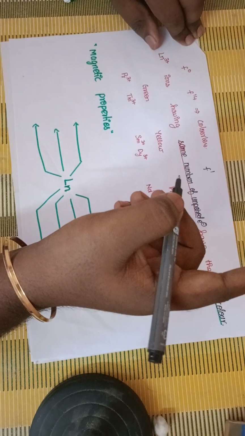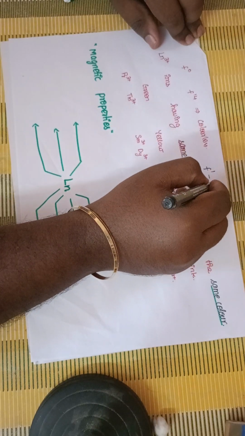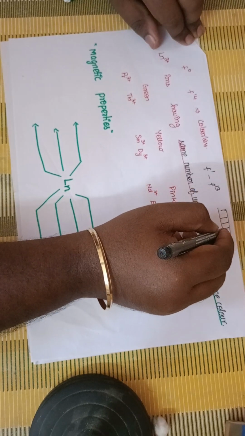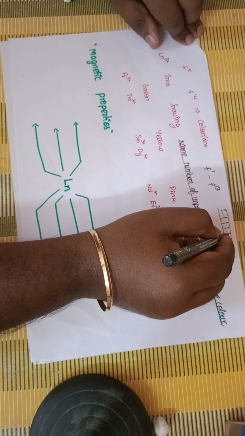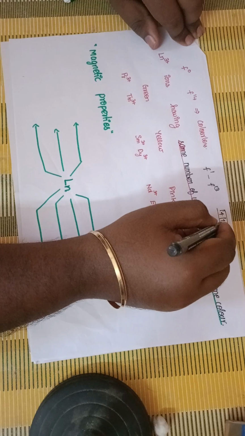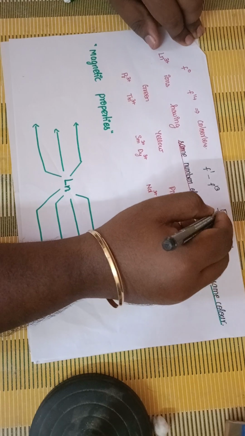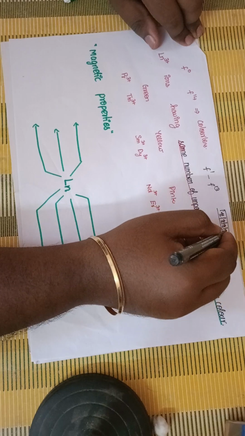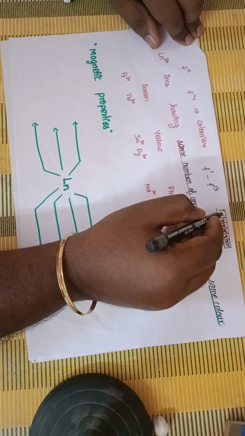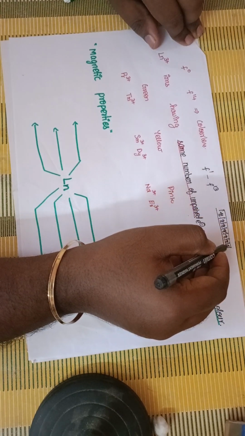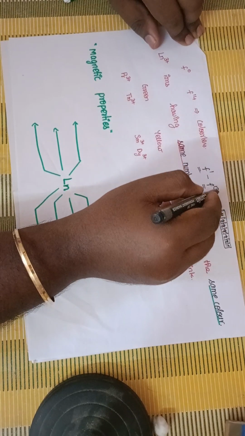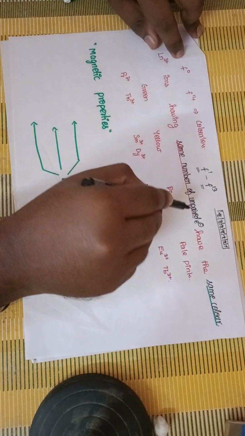What is the other configuration of f with only 1 unpaired electron? That is f13: first 7, then 6, so 13 electrons. f1 and f13 have only 1 unpaired electron. So lanthanide elements having the same number of unpaired electrons have the same color.